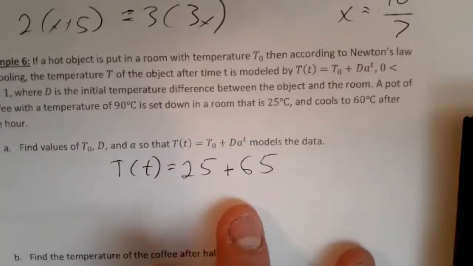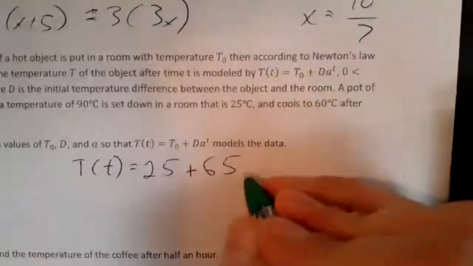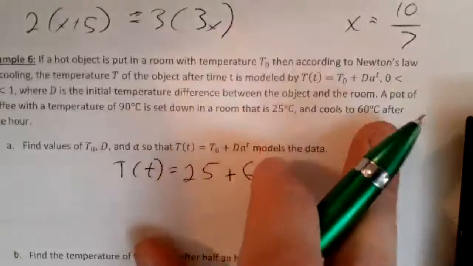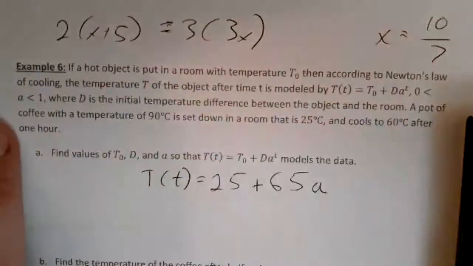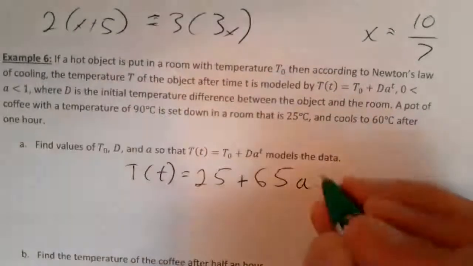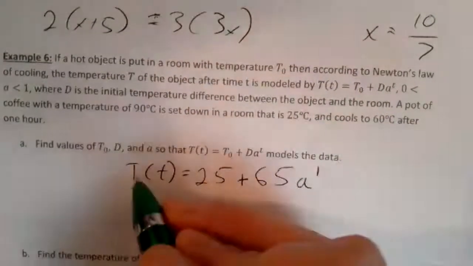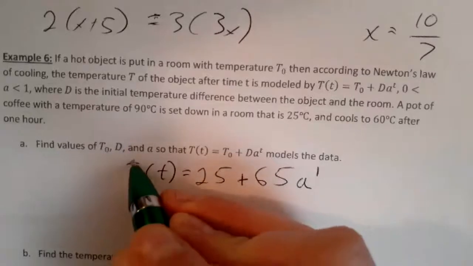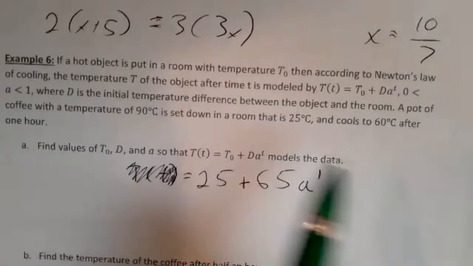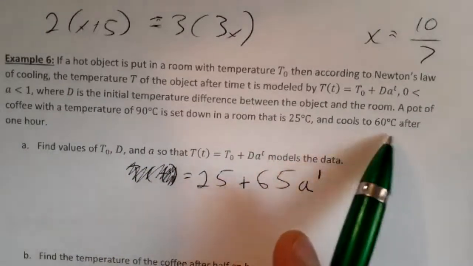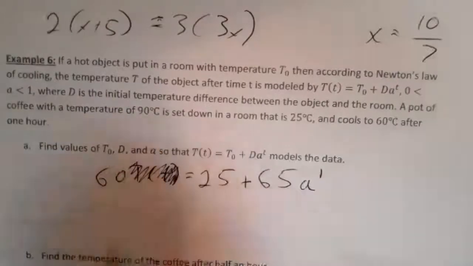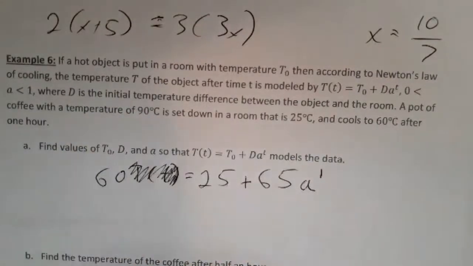So A we do not know, but it tells us it cools to 60 degrees after 1 hour. And so we do know our lowercase t. They give us 1 hour. Instead of T of t, I should really write here, after 1 hour, this thing is going to cool to 60.